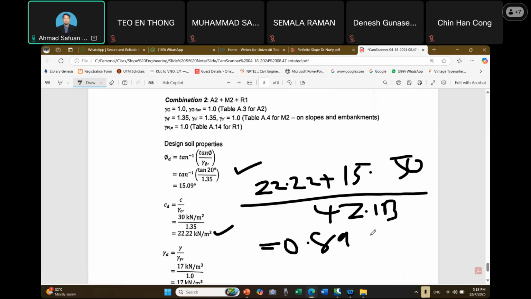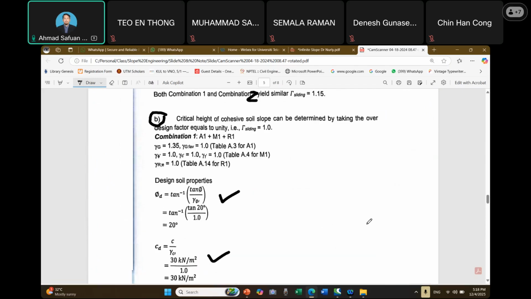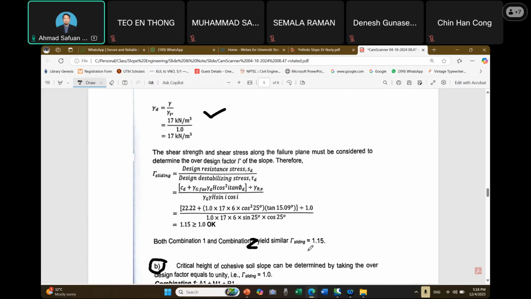Then we compare with example number 1. When the groundwater level is far, the overall design factor is more than 1, so it means that it is stable.